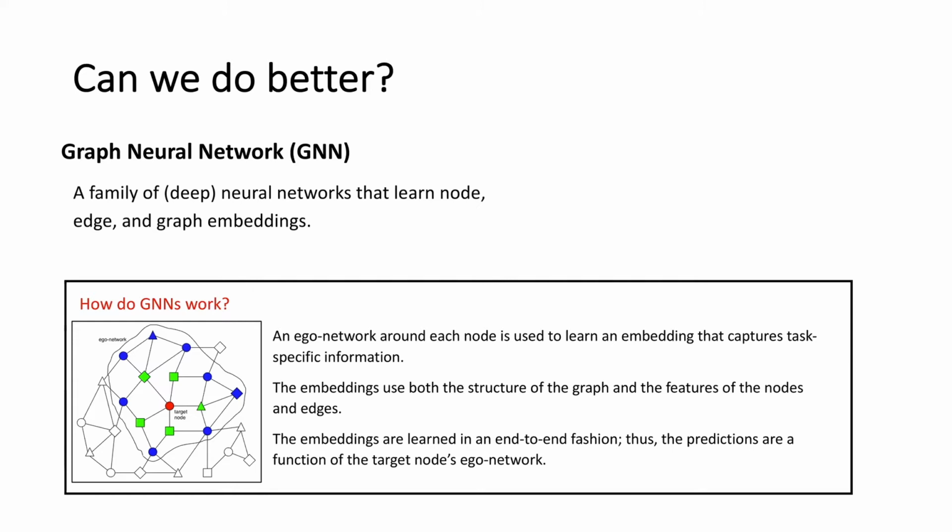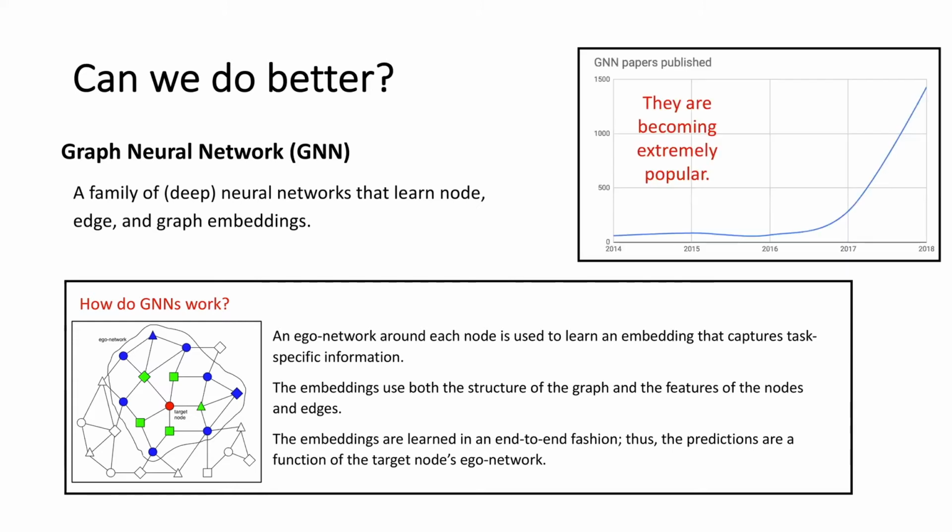Graph neural networks were introduced around 2014. I think some of the early papers are around that time frame, and they have become extremely popular. This is a chart that is dated by a couple of years, but the number of papers is increasing at an exponential rate. So there is a lot of research on graph neural networks and a lot of excitement.